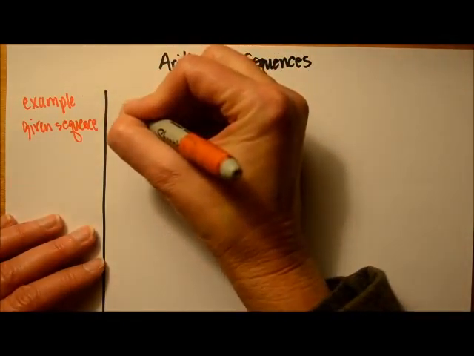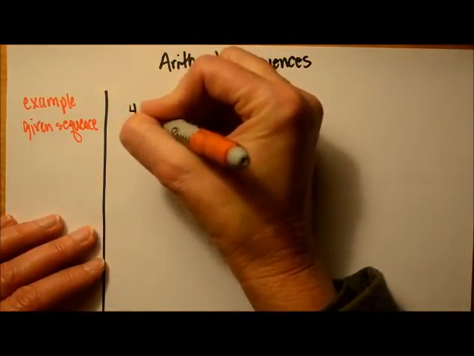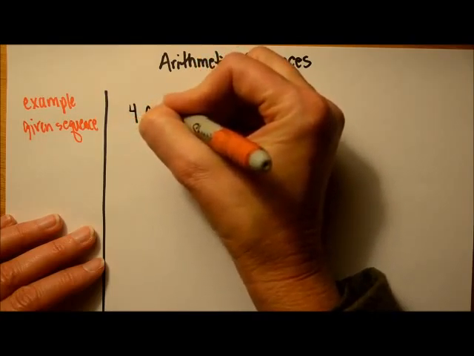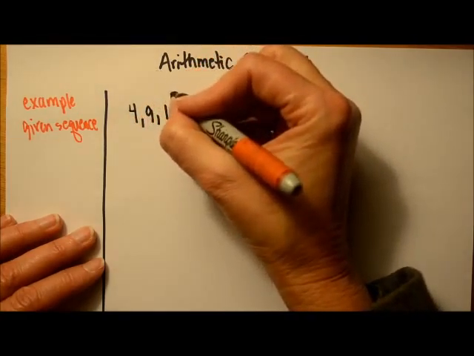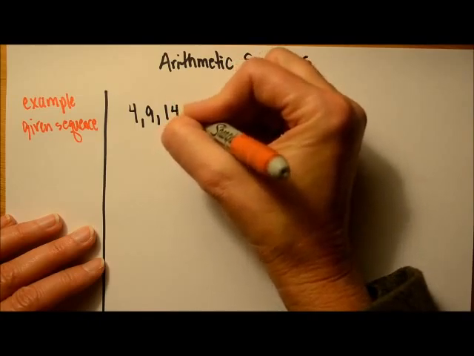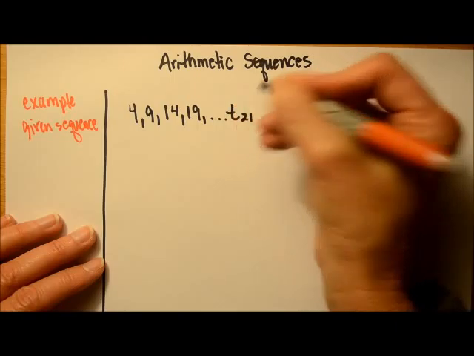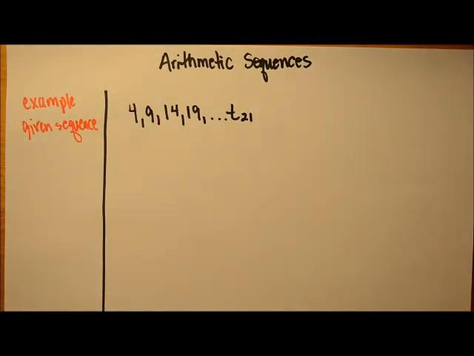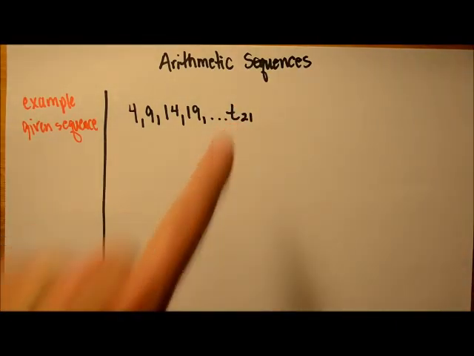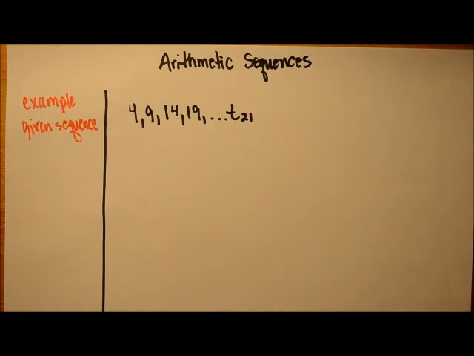So if they give me 4, 9, 14, 19, and then they go dot, dot, dot, I want term 21. Okay, so they want to know what term 21 is. Well, the first thing you need to do is figure out what you have.